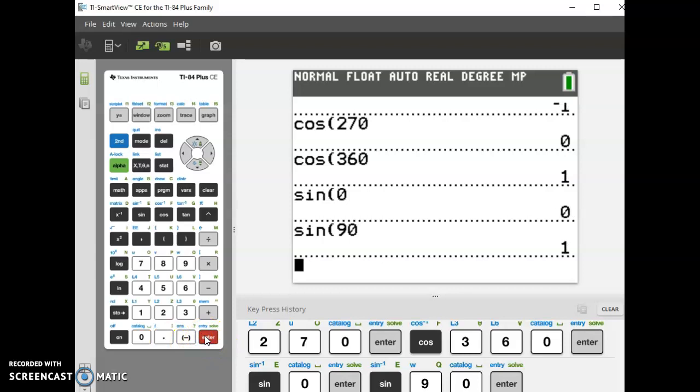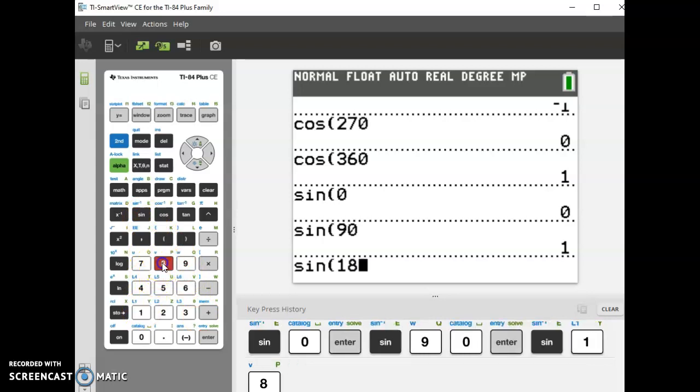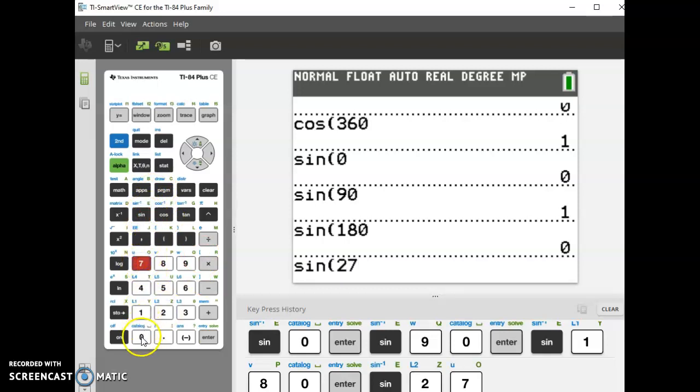And I did. Let's go over to the left side of the unit circle. Sine of 180. According to the y-coordinate, I should get 0. And I do. Now let's go to sine of 270. And according to my y-coordinate on my unit circle, I should get -1. And I did.